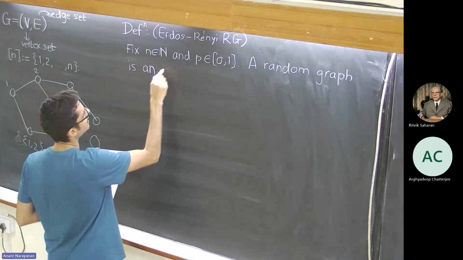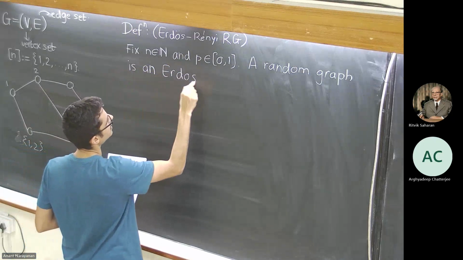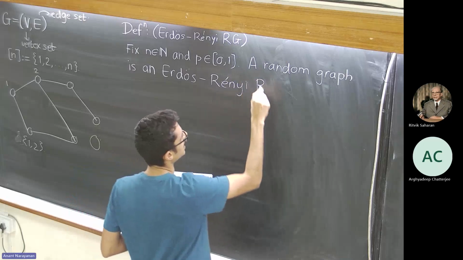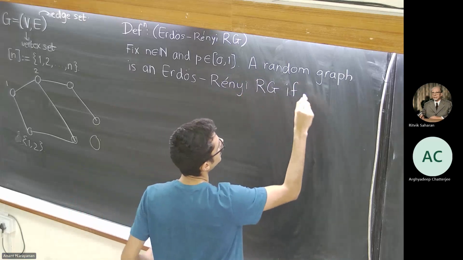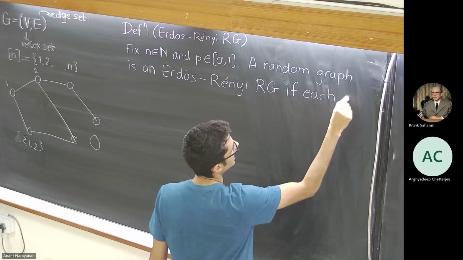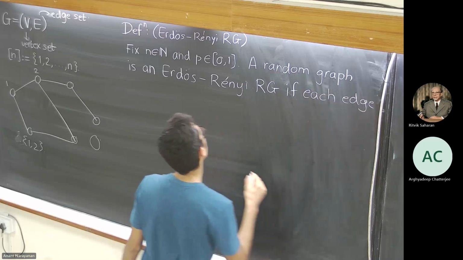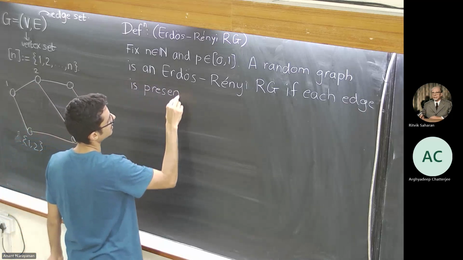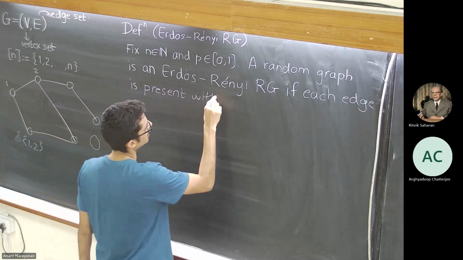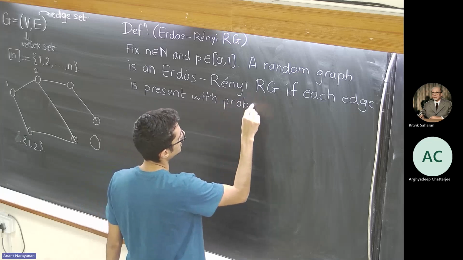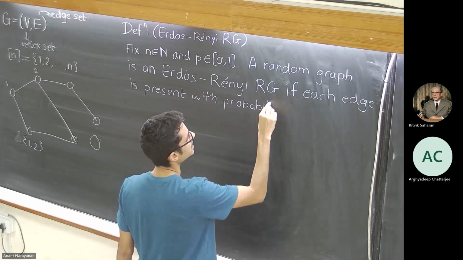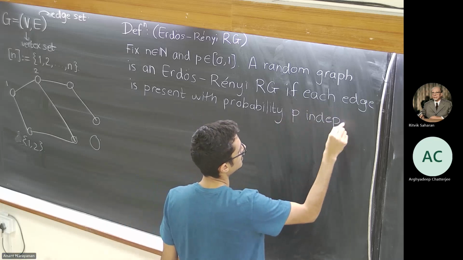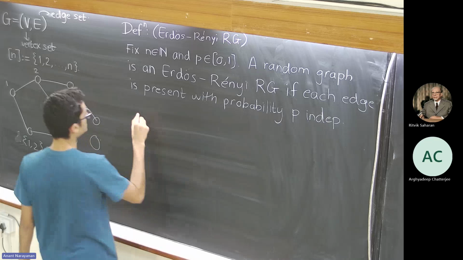We say G is an Erdös and Rényi random graph if each edge is present with probability p, independently.